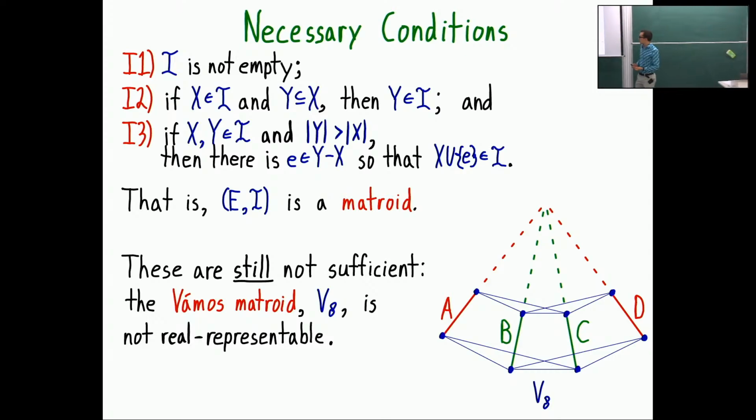And similarly, by the same non-matroid, D is also going to have to contain this intersection point if this is a real representation. But now A and D would both have this intersection point, but they're skew according to the formulation. So this is impossible. You can't have 2 lines containing the same point and be skew. So this is not real representable.